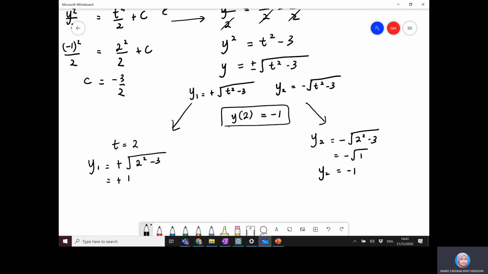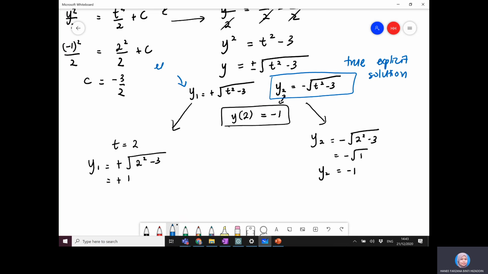So y2 is the one that satisfies the given condition. So then we say that y equals negative square root of t squared minus 3 is the true explicit solution to the differential equation.